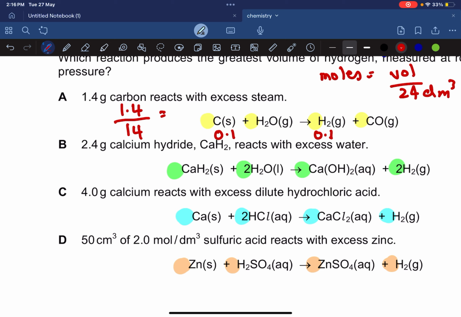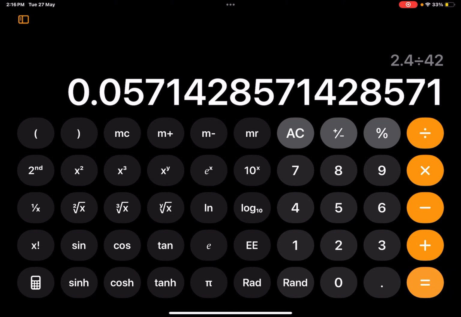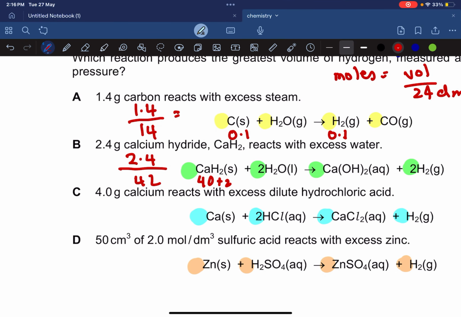Okay, so over here I have calcium hydride, and I have how many moles of calcium hydride? The mass of calcium hydride is 2.4. The MR is calcium, 40, plus 2, so 42. So 2.4 divided by 42 gives me 0.0571 moles of calcium hydride.